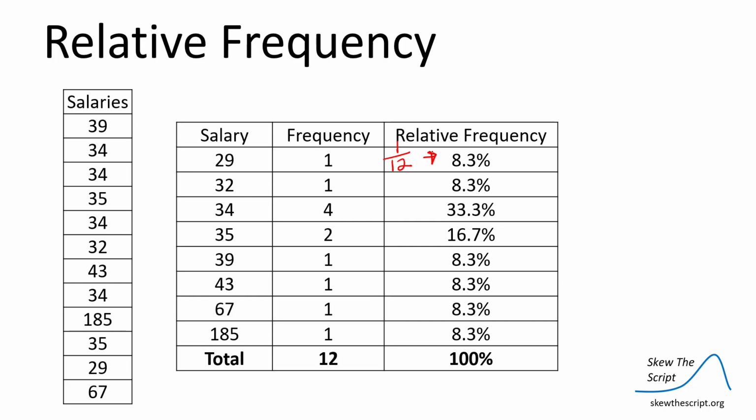Same thing, we do that for all of these. So you're essentially just taking that as a fraction of the total: 4 out of 12, 2 out of 12, 1 out of 12 for the rest of them. And that also really easily allows us to identify where the largest percent occurs out of a portion of the whole. So if you were to put this on any sort of graph, you would see that 34,000 is the largest amount of salaries.